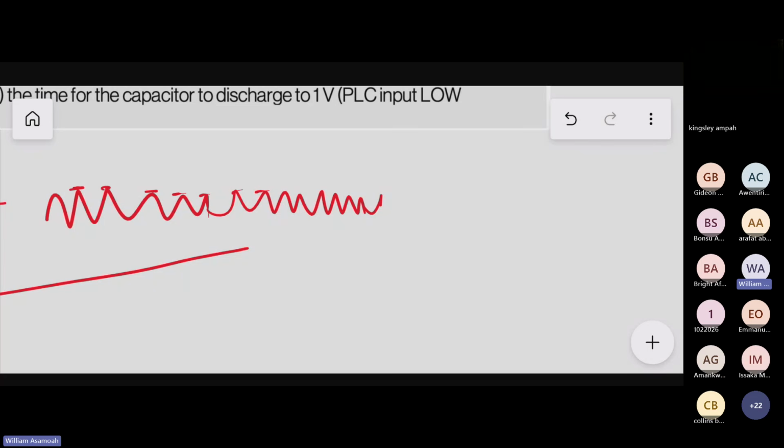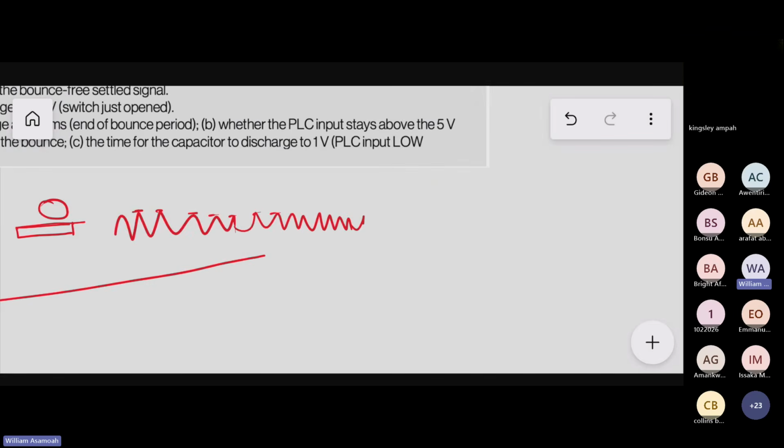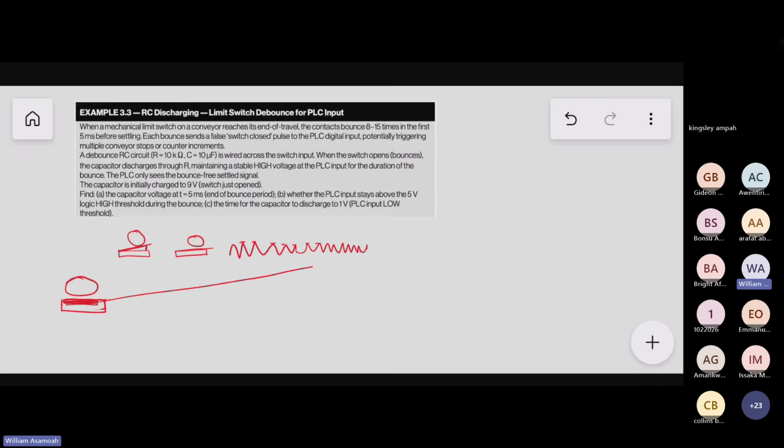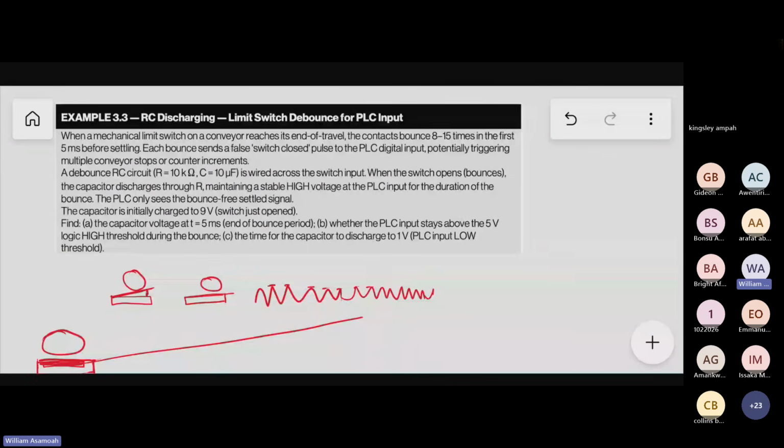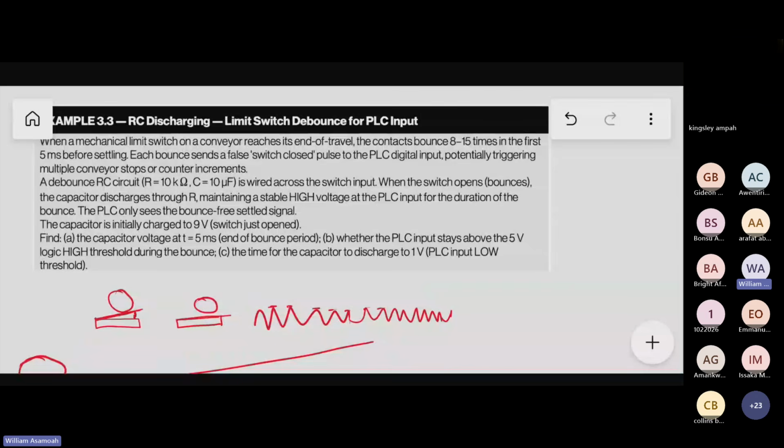It can go on and off about 100 times within some 2 milliseconds because of the spring. So let's say that we've programmed it that when it goes on, the motor should start, right? And this thing is going on and off about 100 times in a second. What happens? The motor will start and stop 100 times in a second.